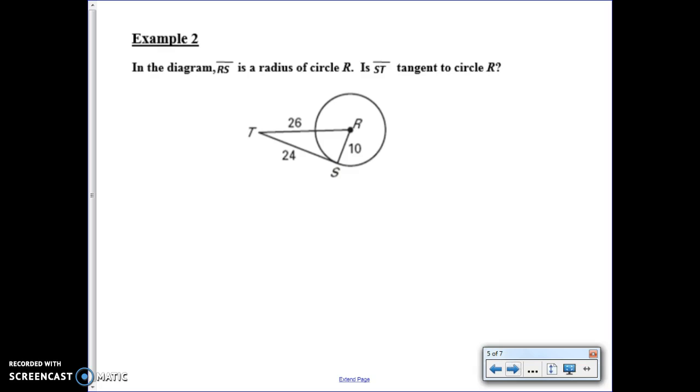In the diagram, RS is a radius of the circle. Is ST tangent to circle R? So we have three lengths, and it looks like it might be a right triangle. It definitely is a triangle. But our previous theorem just told us it has to be perpendicular to be able to show that.